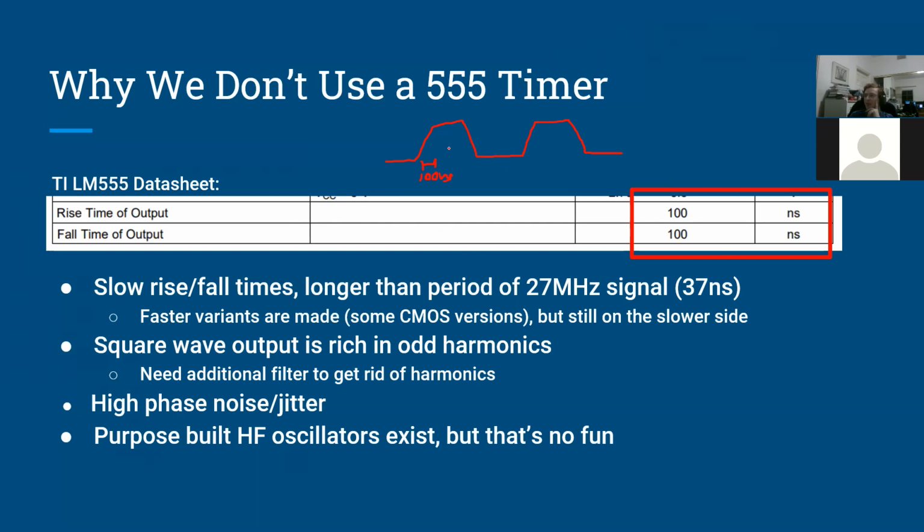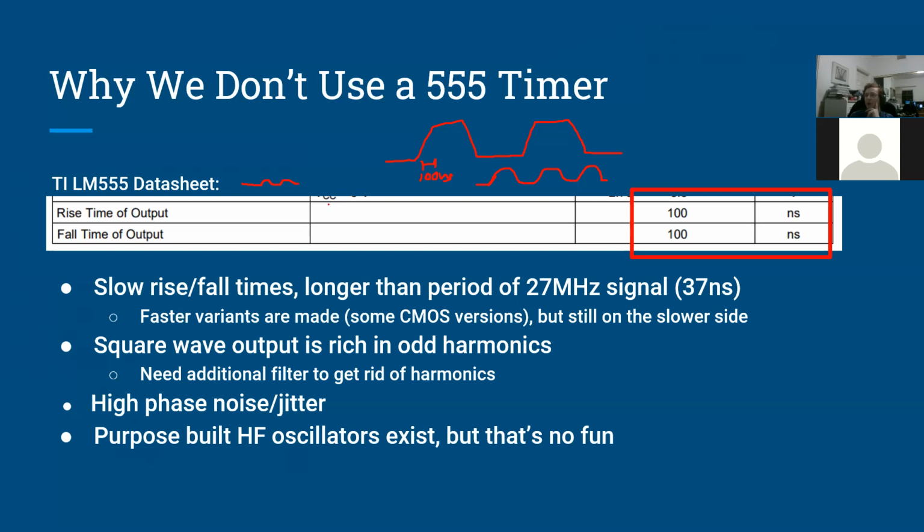What's going to happen is that your square wave won't actually reach the flat point. It'll look like this. And as you get higher and higher in frequency, that flat point will shrink more and more, and you'll barely get an oscillation or not even oscillate at all.